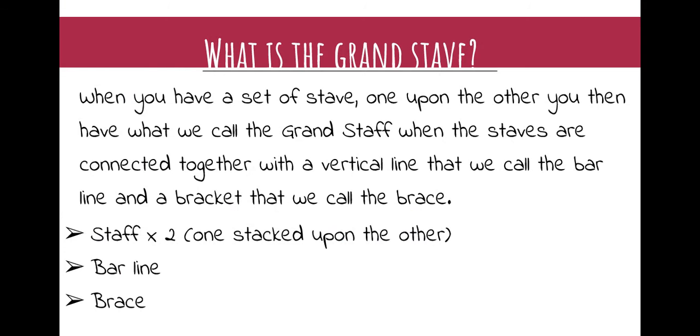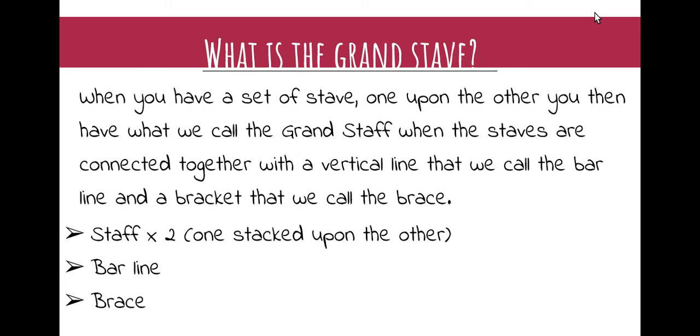Now next, we're going to go through the grand staff. In order to create the grand staff, you first have to have a staff, and you know the staves are a set of 2 staffs. Yes, that's a bit of a tongue twister. I think I'm going around in circles here, but I'll read out what I've written on the screen.